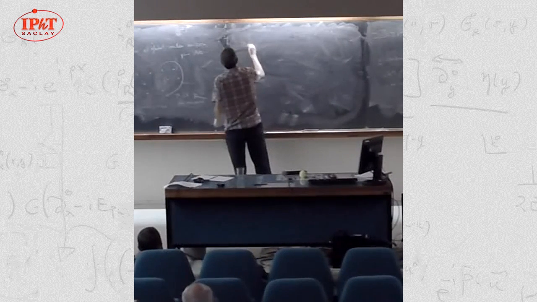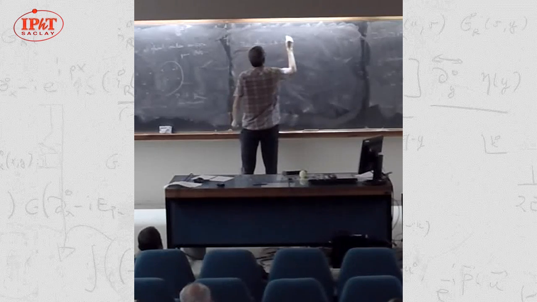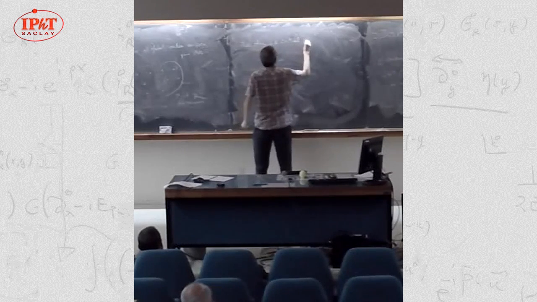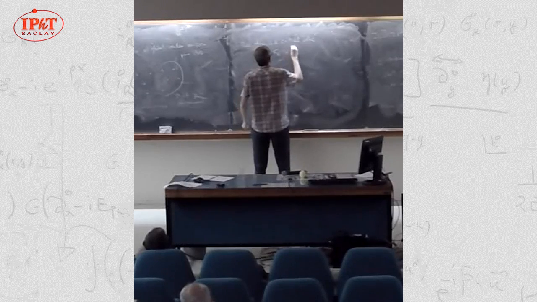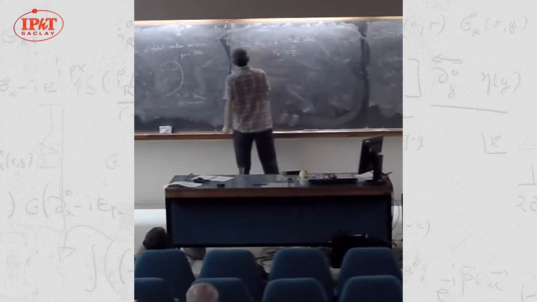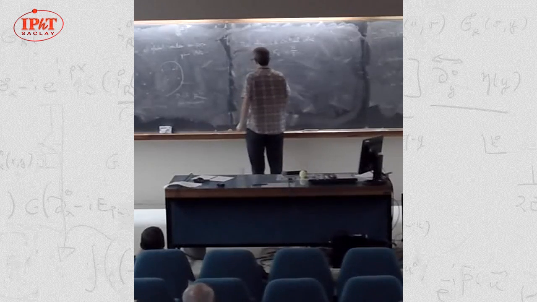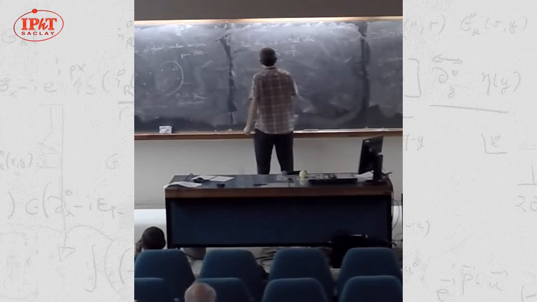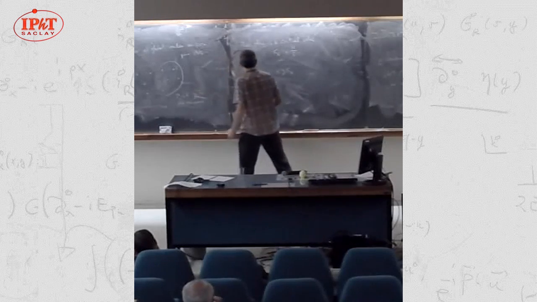Then there is a critical value k_n, which is of order n over 5, such that if you give more than this number to Alice and Bob, then they will share some entanglement.